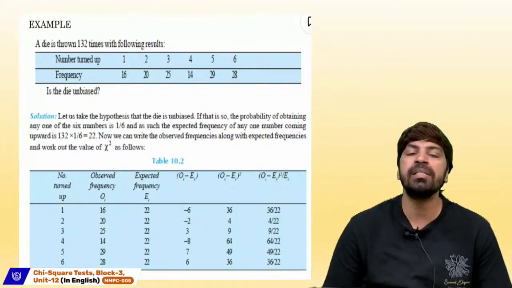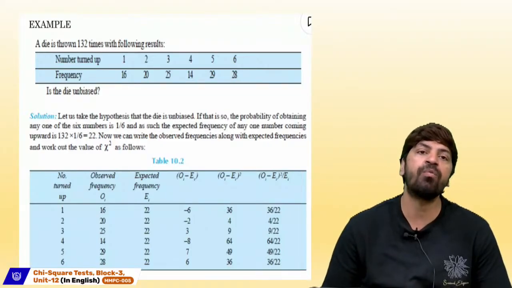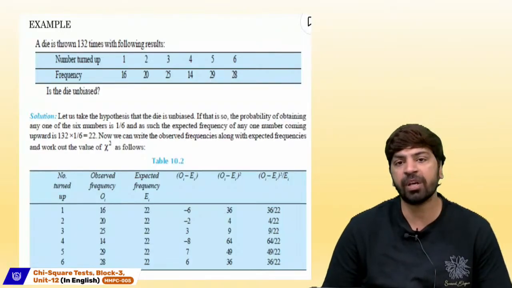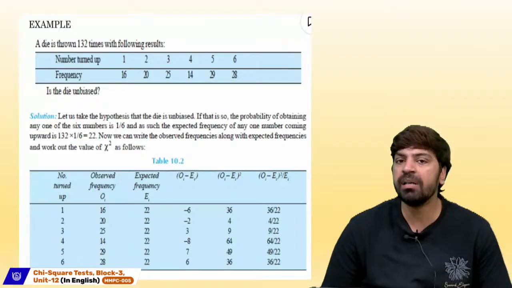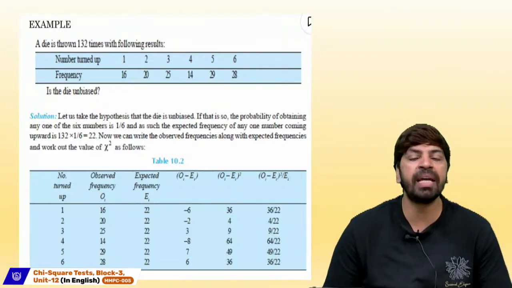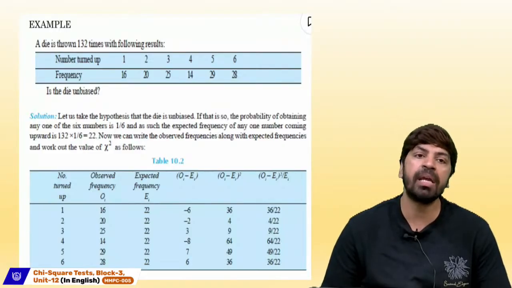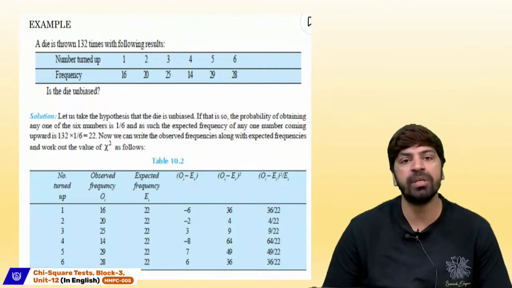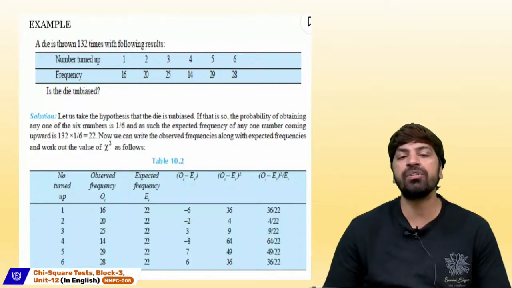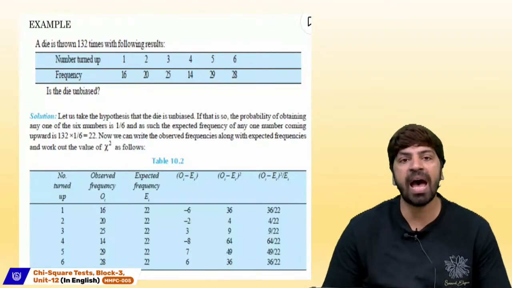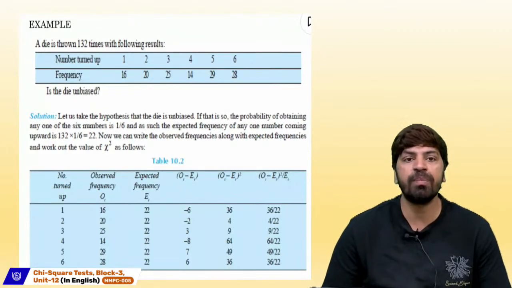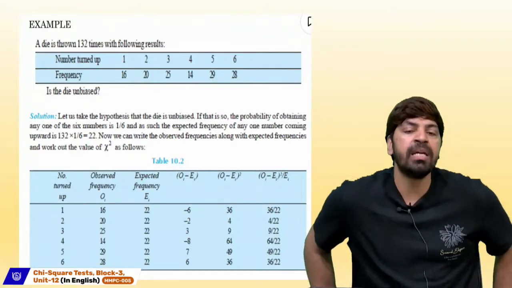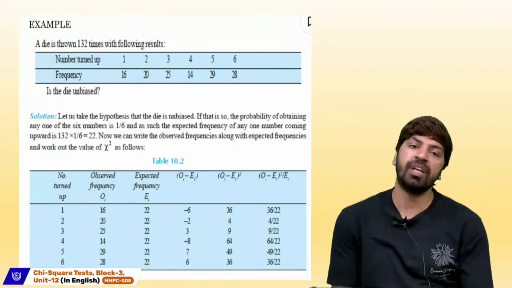The probability of obtaining any of the 6 numbers is 1 by 6, and so the expected frequency could be any one number coming upwards in 132 throws. So 132 times 1 by 6 is 22, and 22 would be the expected frequency.